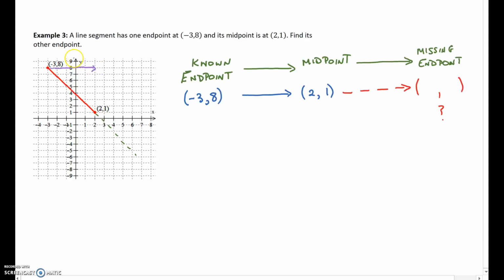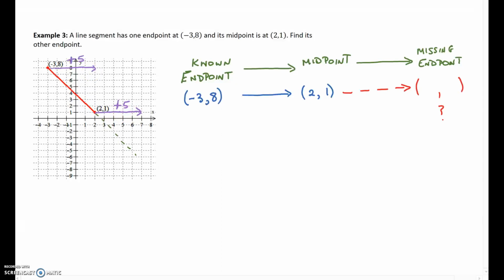So we had to go across 5, and we went to the right, so that means we added 5. Well, if we had to add 5 to get halfway, then we would add another 5 starting here, 1, 2, 3, 4, 5, to get there. So whatever we did to get to halfway, we had to do the same thing from the midpoint on.